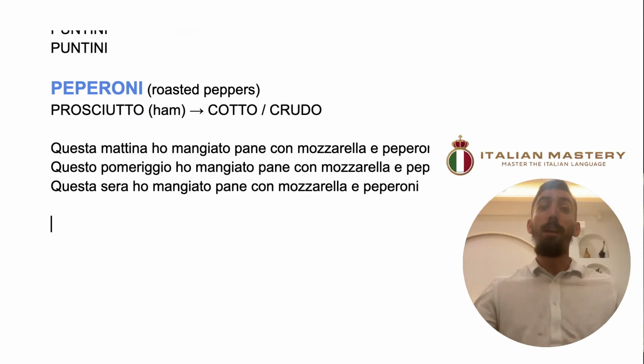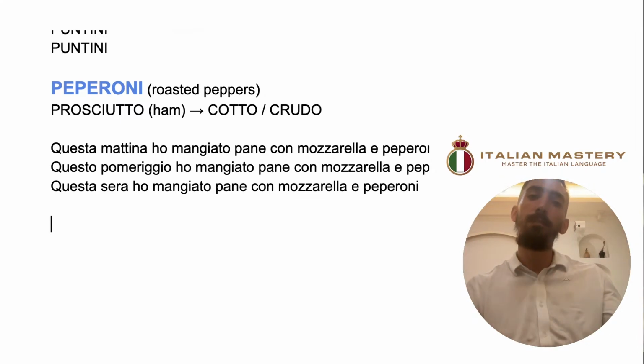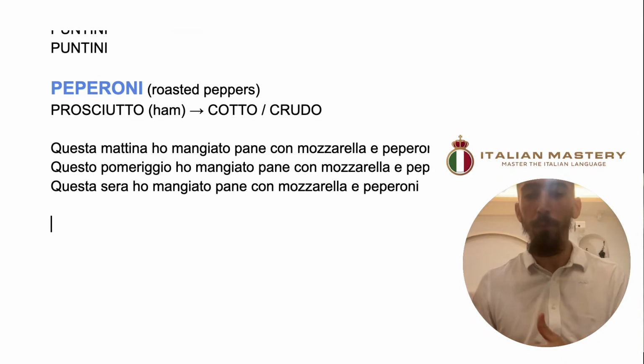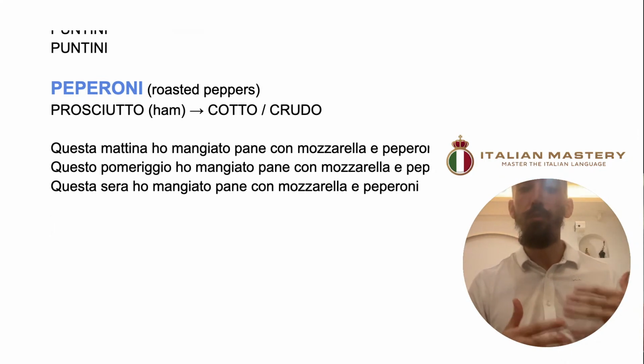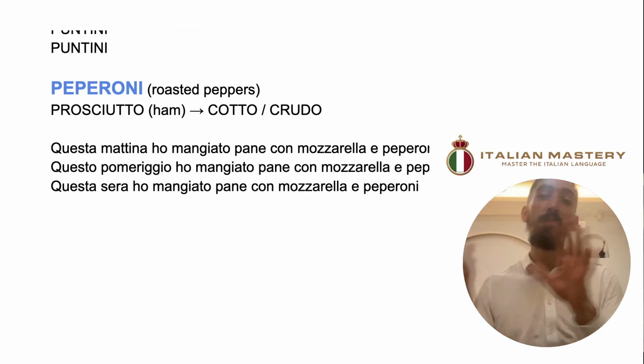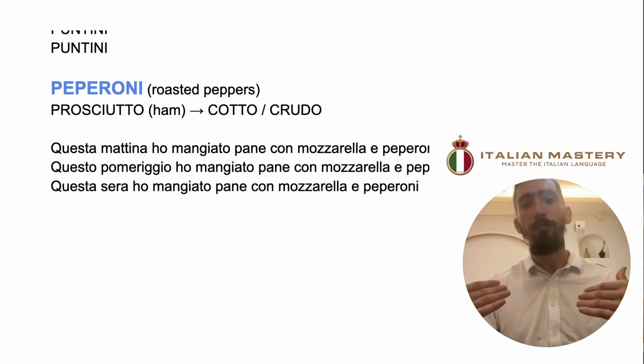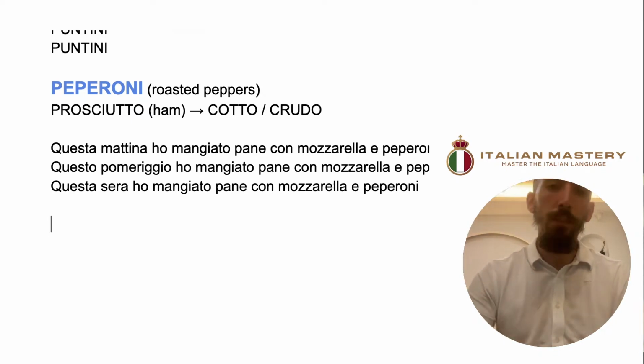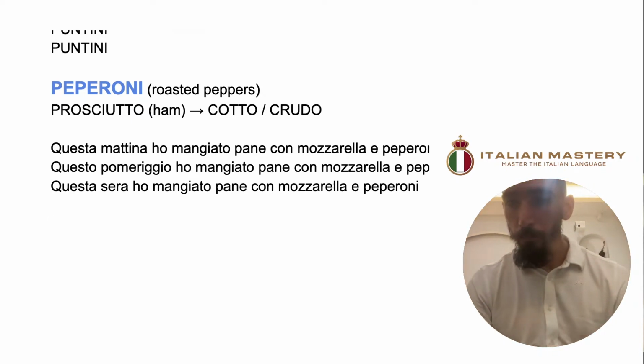Maybe it's midnight and, you know, back at 7, 8 p.m. I ate some bread with mozzarella. So questa sera ho mangiato blah, blah, blah, blah. So I'm already speaking in the past tense, which would be past simple in English, but it's present perfect in Italian. So same thing. All right.